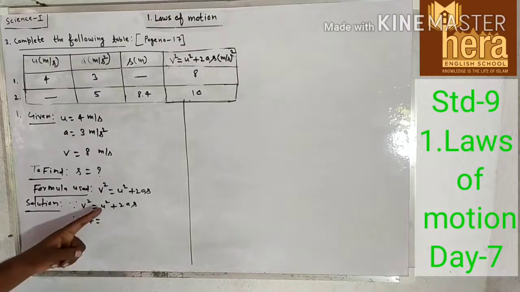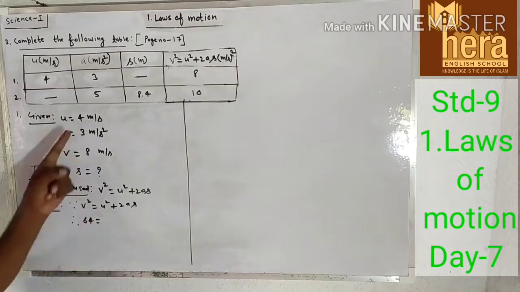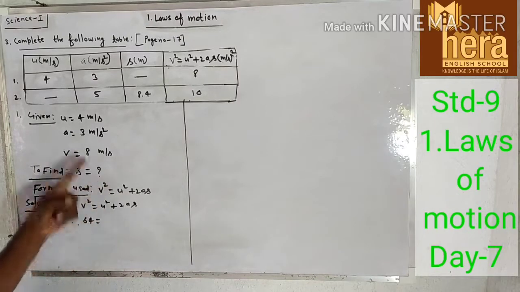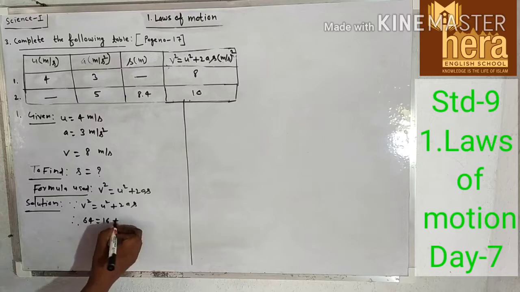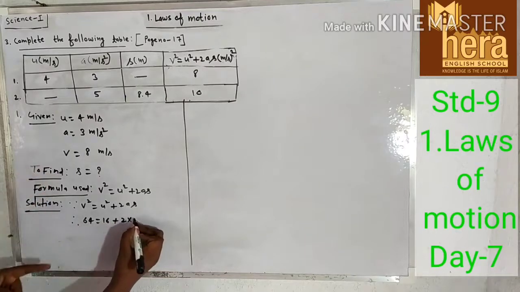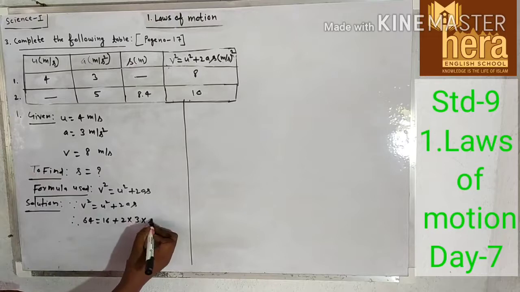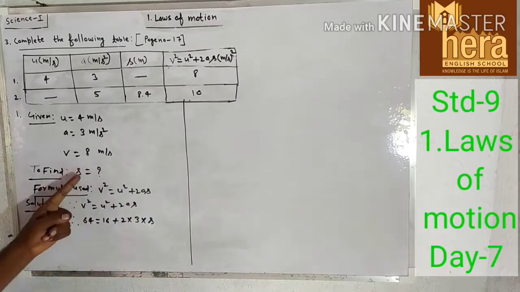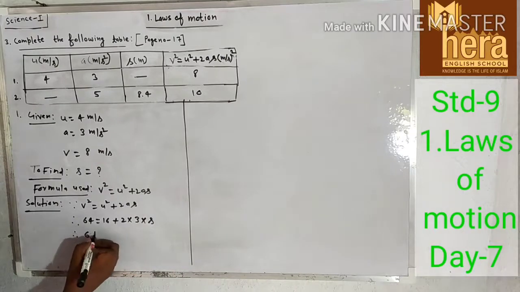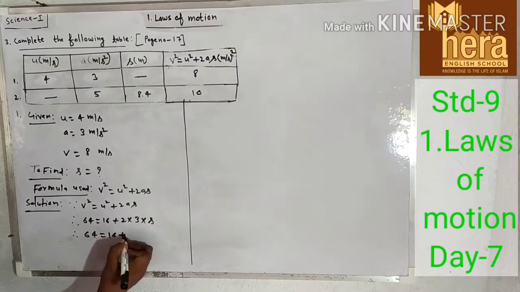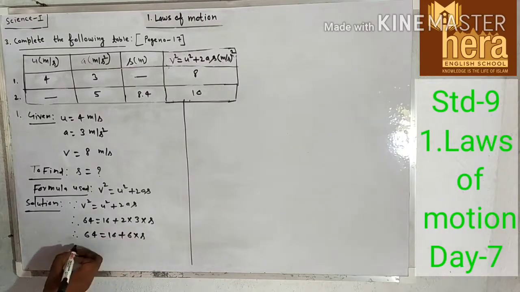U square, U is 4, then 4 square, that is 16. 2 into A, A is equal to 3. S is not given, we have to find S, so write here S. Therefore 64 is equal to 16 plus 6 into S. So write all the data here.